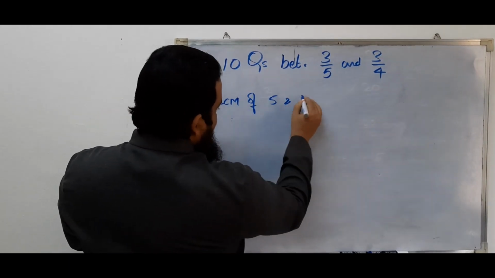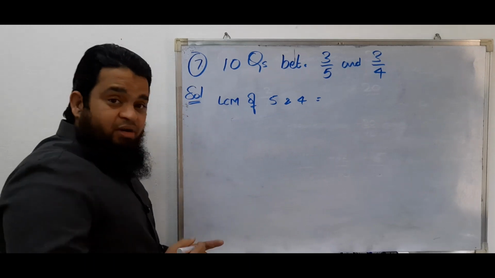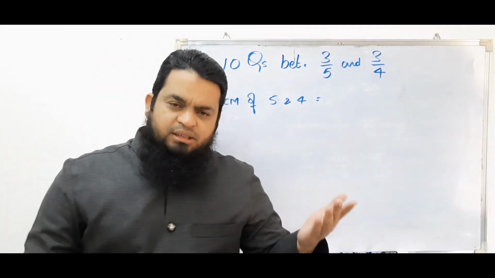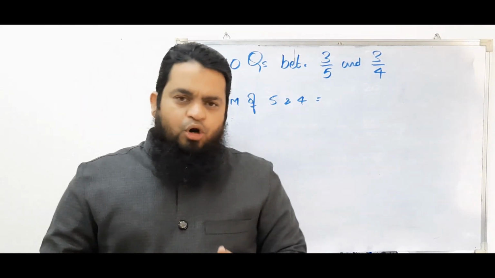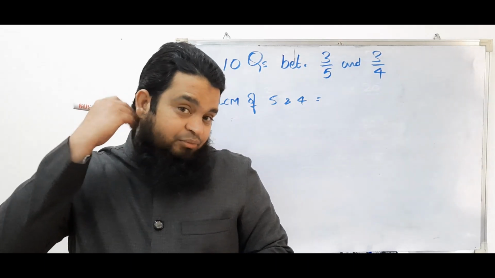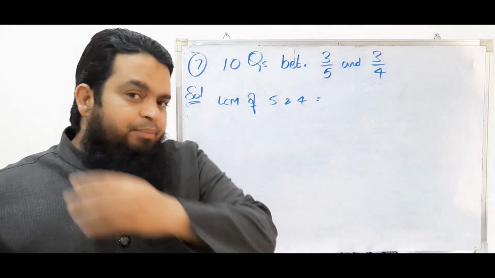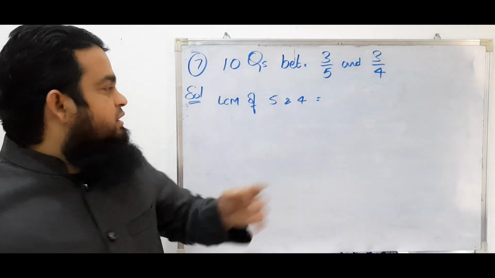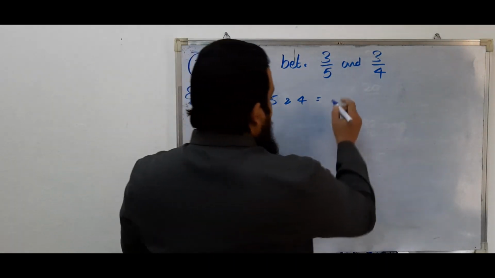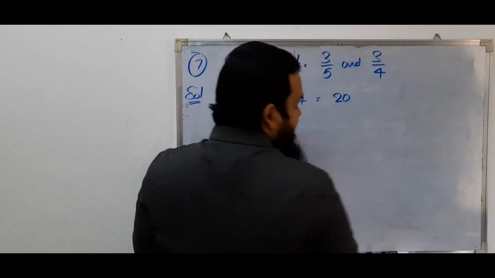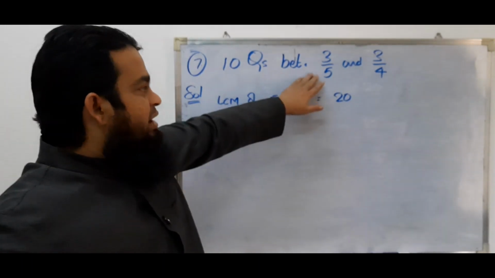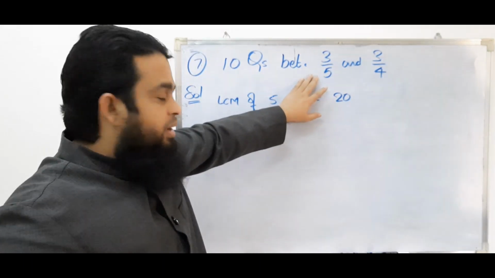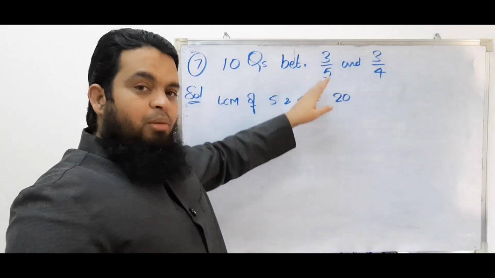Now, LCM of 5 and 4. 5 and 4 are co-primes, so the LCM is direct multiplication, 5 times 4 is 20. You have to find equivalent fractions of the given rational numbers with denominator 20.